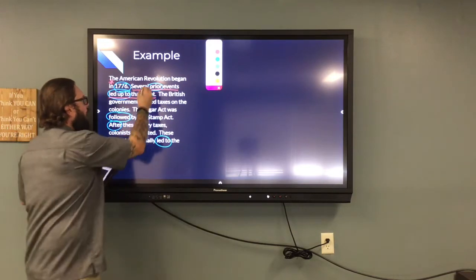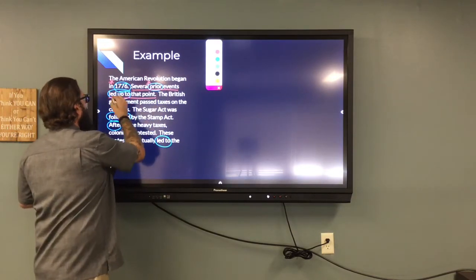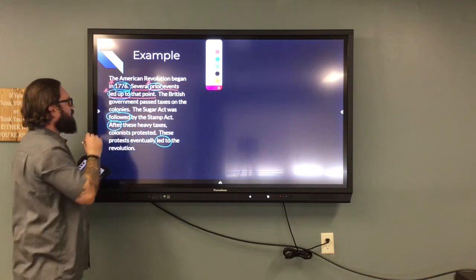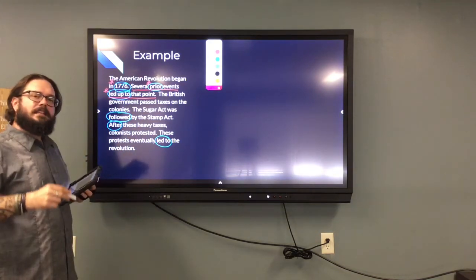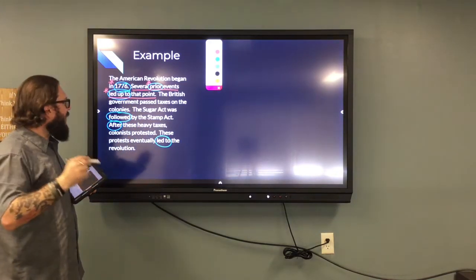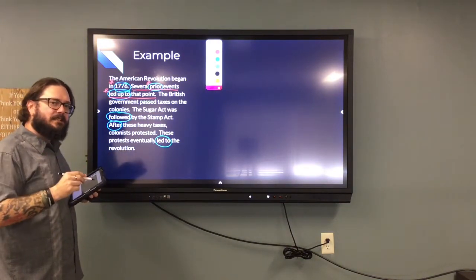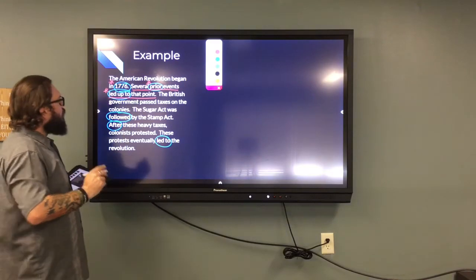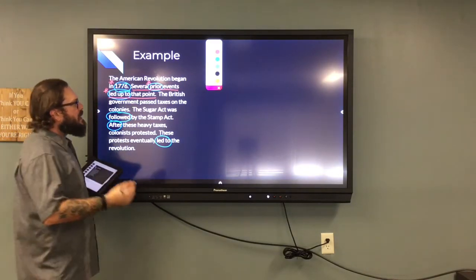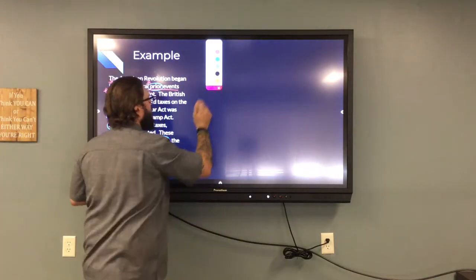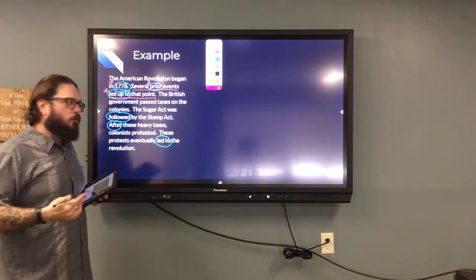The words prior and led up to tell us that the events that follow happened before 1776. With that information, we can now put these events in chronological order.